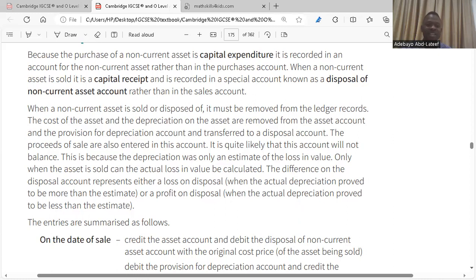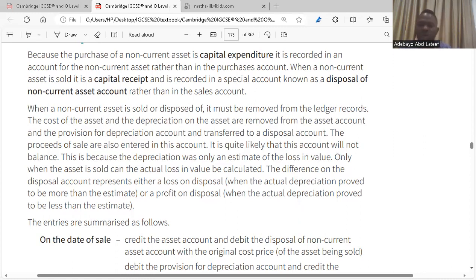As soon as you prepare your disposal account, it will not balance, because it's not that you are selling something at a known value, it's an estimate. So it is either you lose or you gain. That's when we had 3,200 and 3,000, which represents a loss.